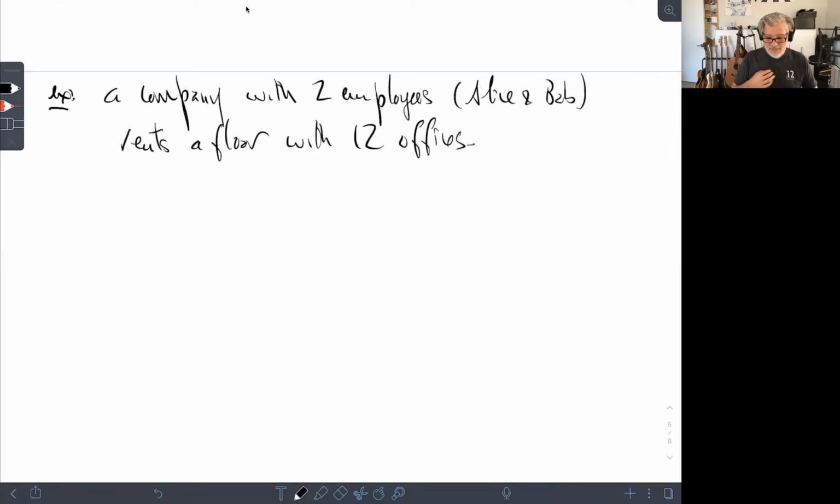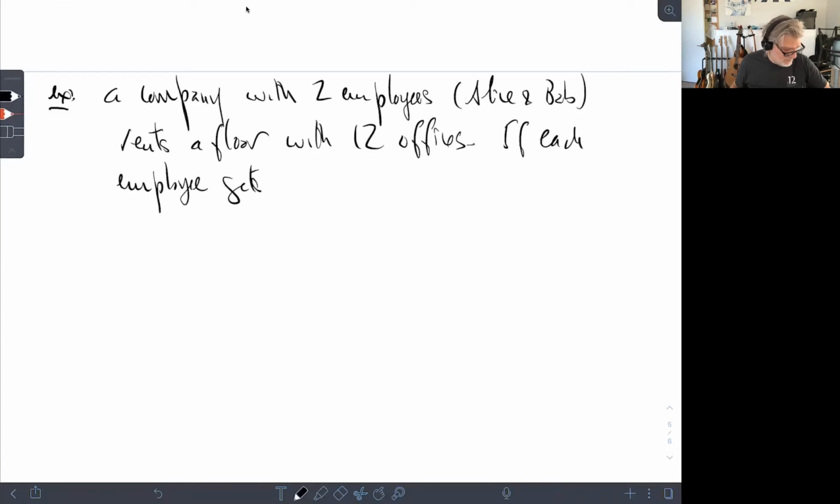Each employee gets his or her own office. How many possible configurations are there?